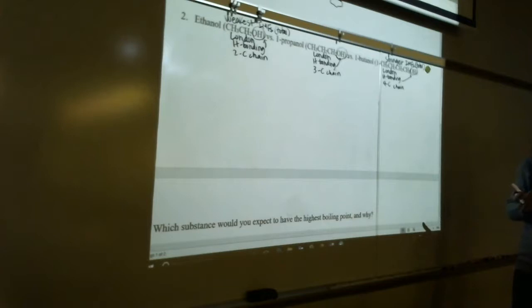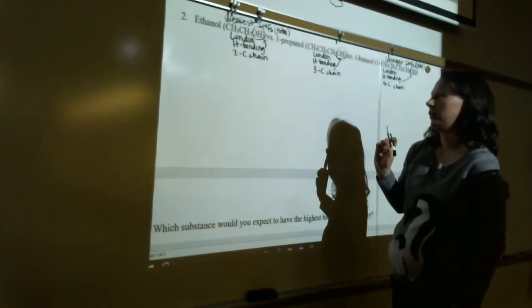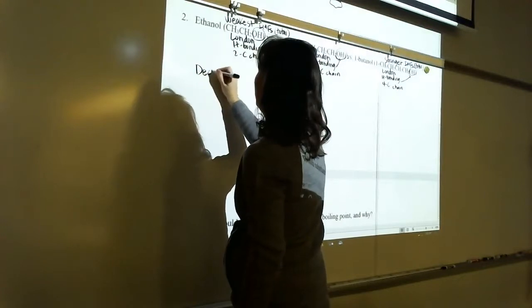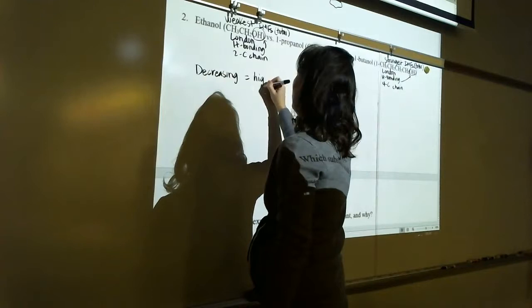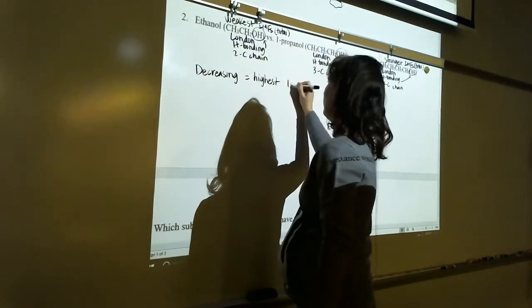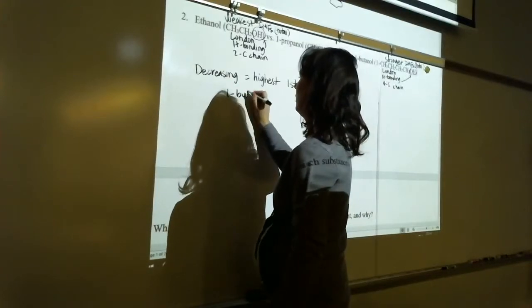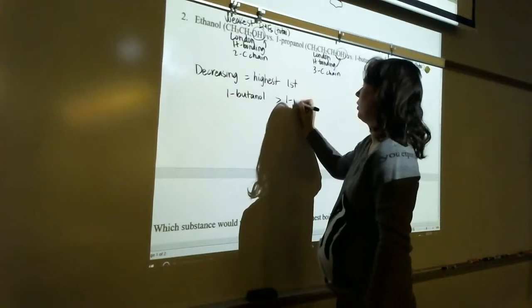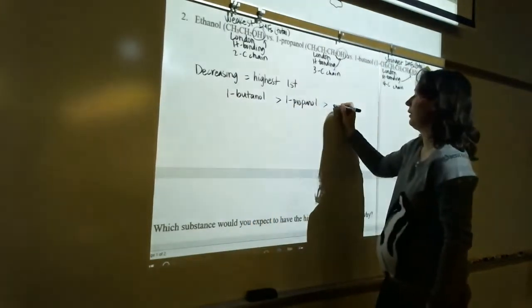So if we're ranking these in order of decreasing boiling point, that means who goes first? Right, the highest first. If we're going in decreasing, that means highest first. So that means 1-butanol is greater than 1-propanol, which is greater than ethanol.